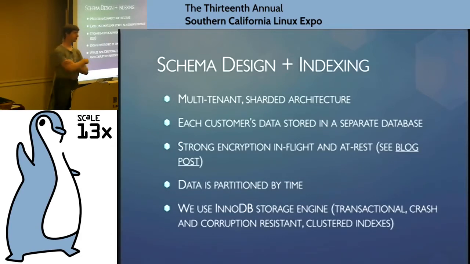So we have very strong security requirements and a very strong security architecture in place. Everybody's data is encrypted in flight end to end, and it's encrypted at rest. We have a blog post about how we do that. It goes into the Go language and how Go makes that really easy for us. And then we partition the data by time.